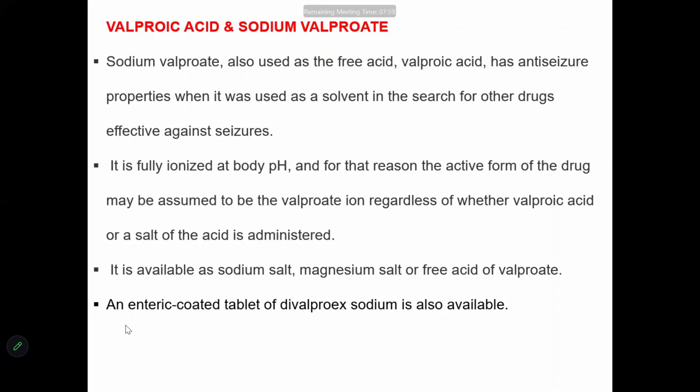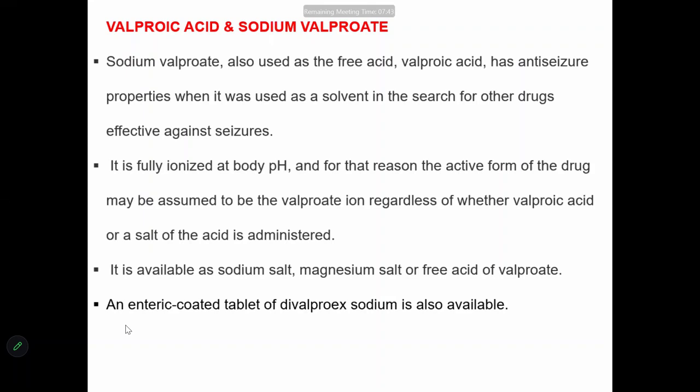So sodium valproate can also be used as a free acid. Valproic acid has a lot of anti-seizure activity when used as a solvent in search of other drugs which are effective against any seizure.